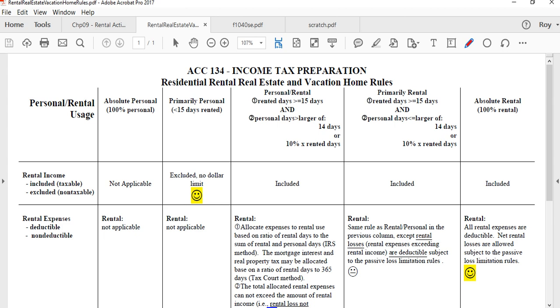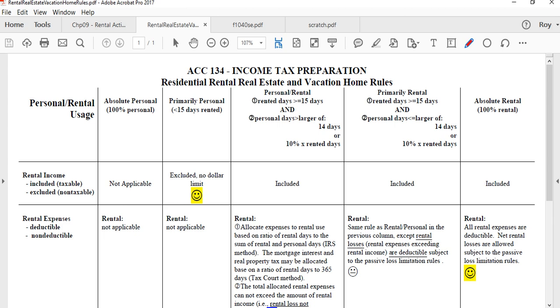So here's where we use the residence 100%, no rental, just like we did back in chapter 5 for itemized deduction. And the other extreme is what we've covered so far, 100% rental use of the property, no personal use.